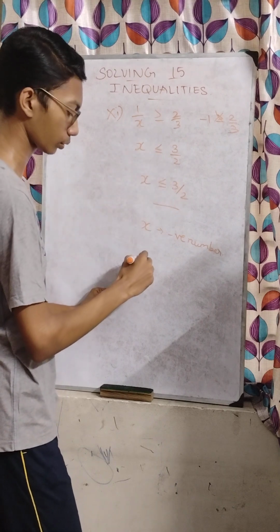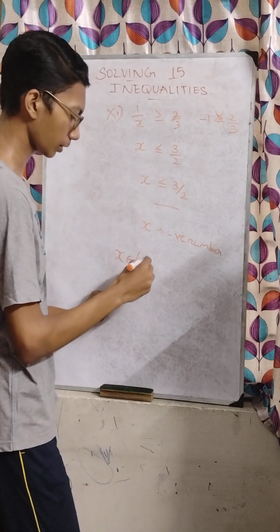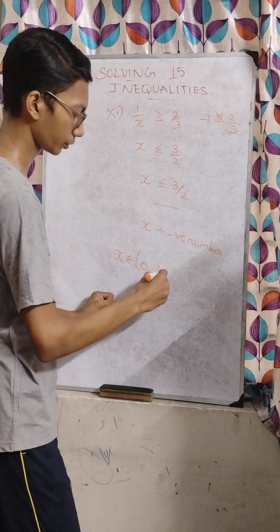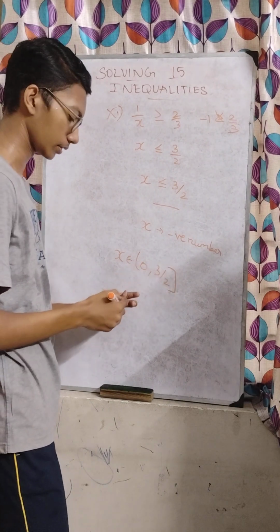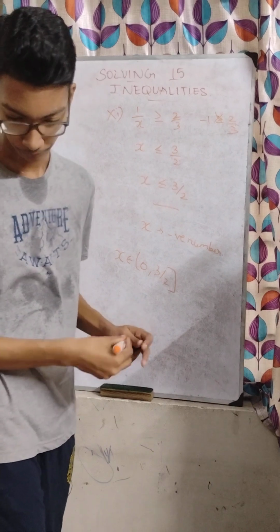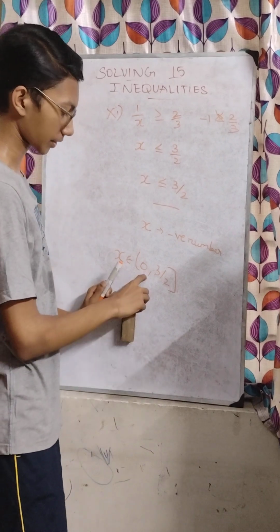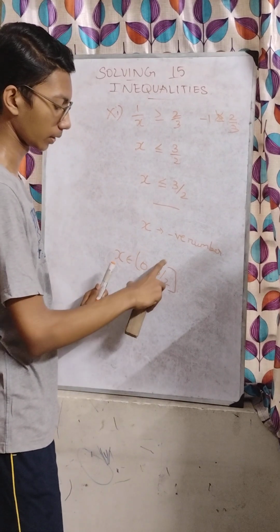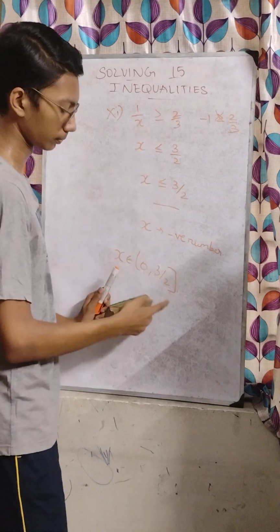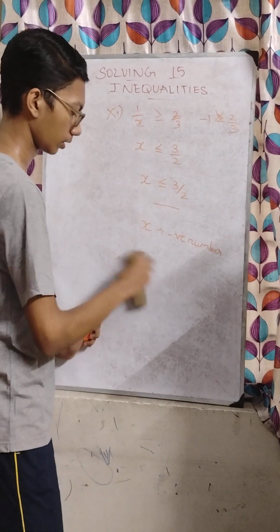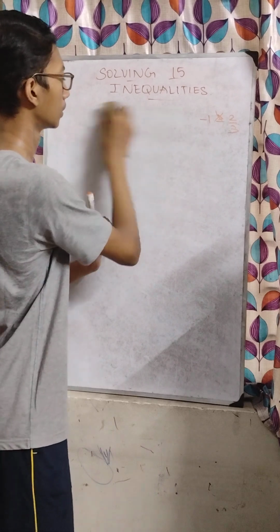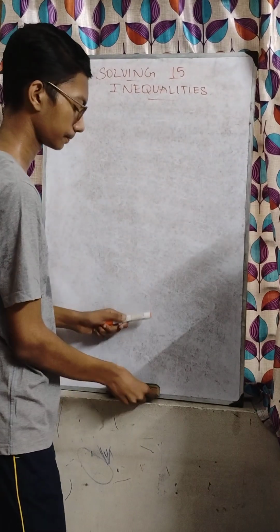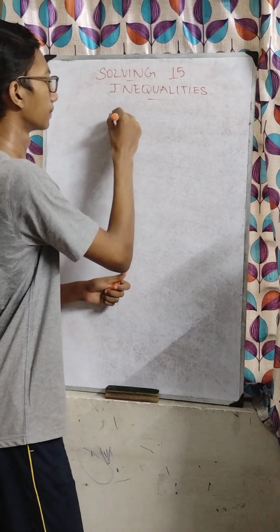So x belongs to 0 to 3 by 2. This is the actual solution. Because x cannot be 0, it is an open interval, and x can be 3 by 2, so it is a closed interval. So the next one, the 12th sum.